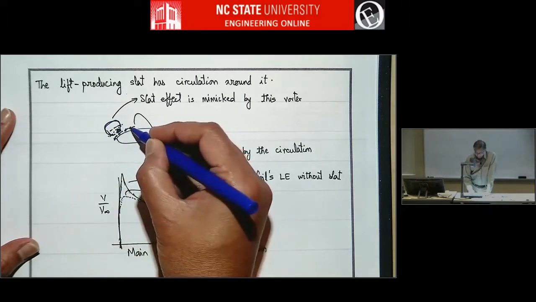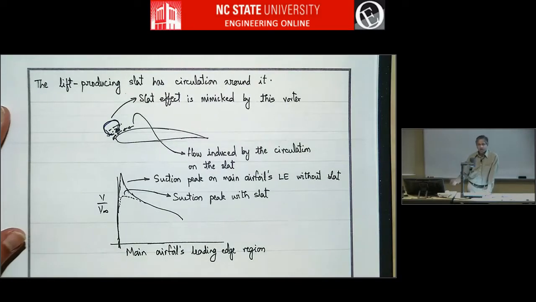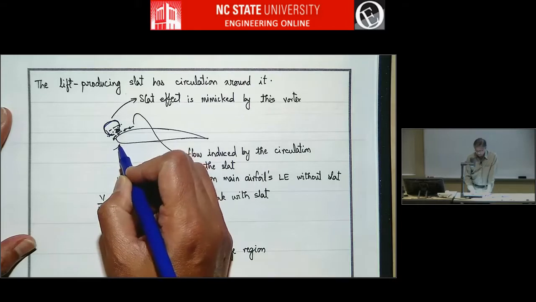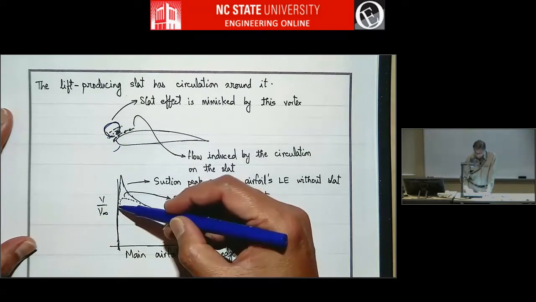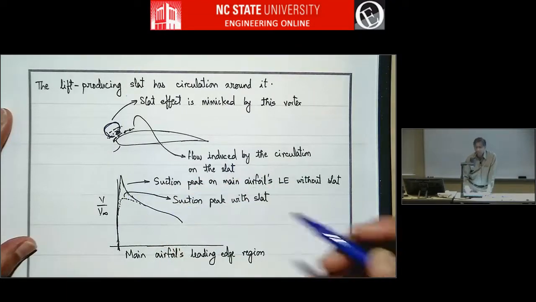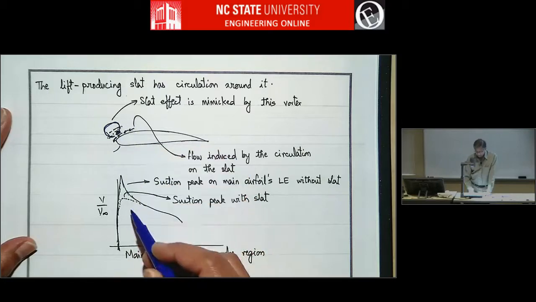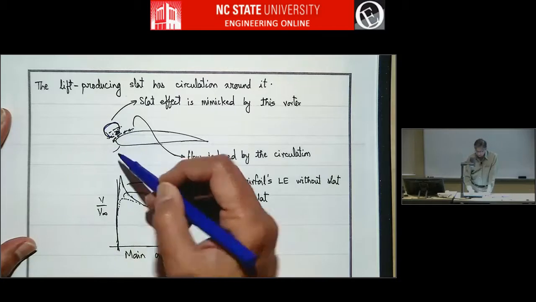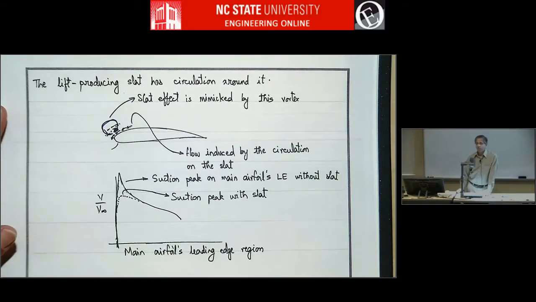This vortex will cause a flow in this direction. And so that is opposite to the flow that is due to the acceleration of the regular leading edge flow, right? So before, without the slat, if you had a suction peak like this, because you have opposite flow induced by the slat, the net velocity along the surface here reduces, and so the suction also reduces, and so the suction peak is softened with the slat.